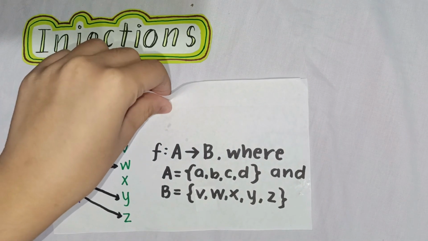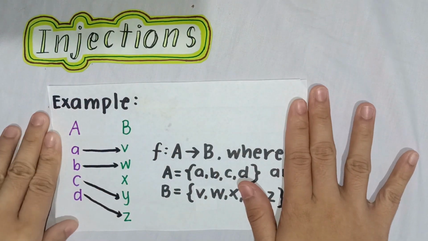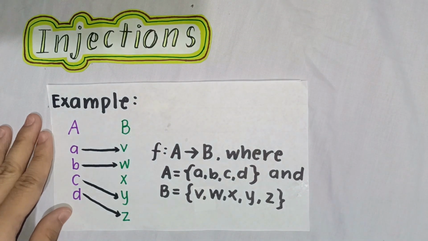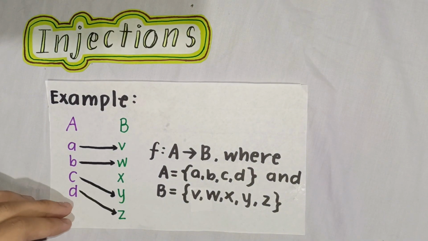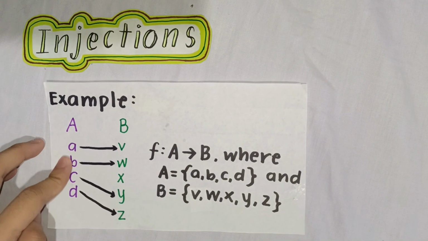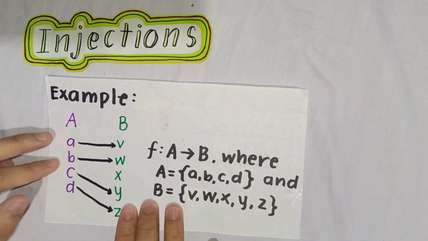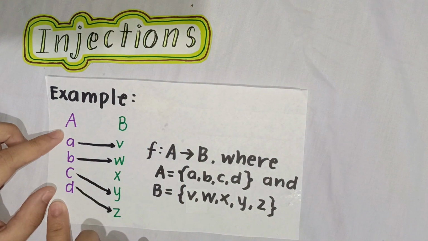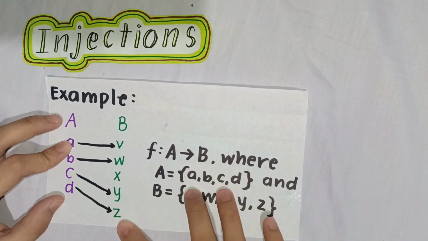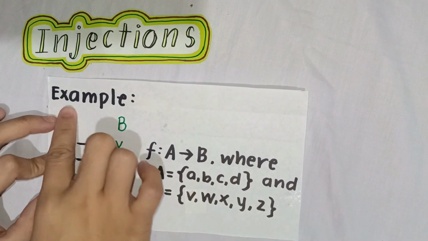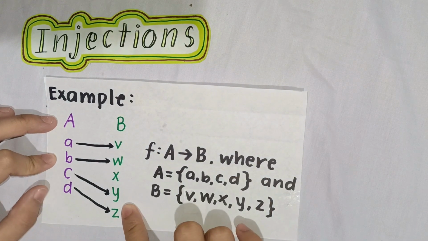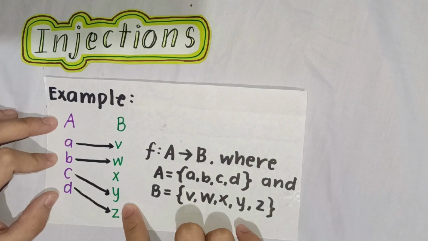For example, we have this illustration of a set A and set B, where the set A is the domain and the set B is the codomain. And we notice here that A consists of the elements a, b, c, and d, and set B consists of the elements v, w, x, y, and z.